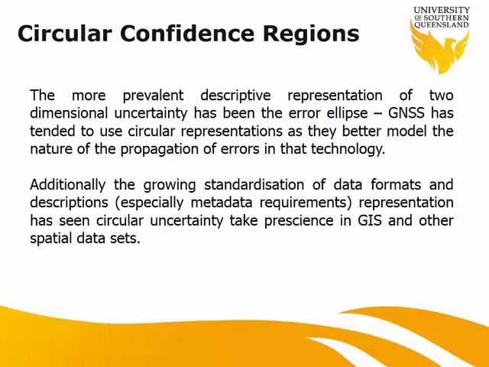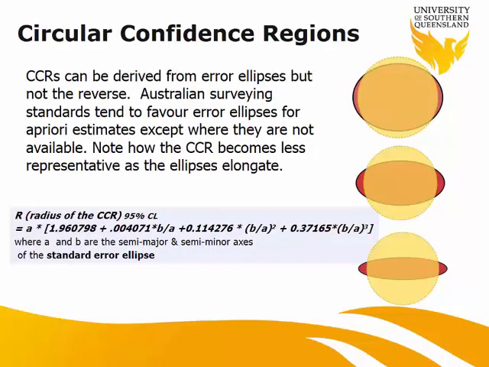What you need to know is it's good to have CCR, circular confidence region, to represent two-dimensional uncertainty, but still in surveying we prefer error ellipse. But I put it because it's very common in GNSS and you might see it around in one of our specifications, so it's good to know what it means and how it's calculated.